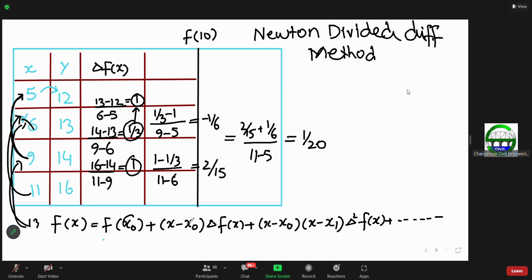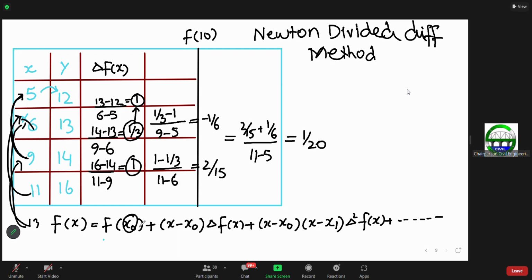What is x naught? Can anyone tell me? What will be the f of x naught? Can anyone tell me, please, what will be the f of x naught? No one knows?